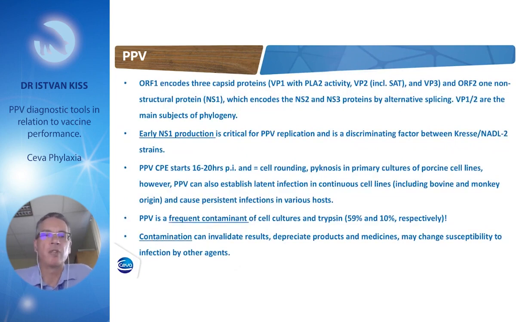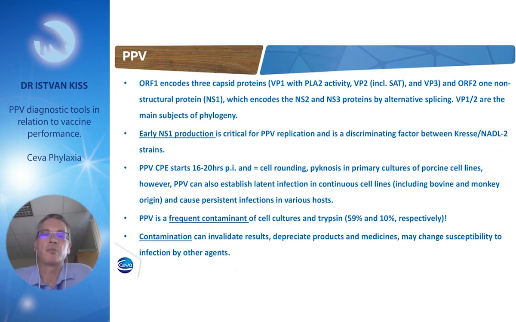Now, if we briefly go through the coded viral proteins, this small size does not equal simplicity. It has two major open reading frames, ORF1 and 2, but these code for a number of proteins that have been recognized only recently, because they are either coded in an overlapping manner, or some of them are post-translationally modified products.